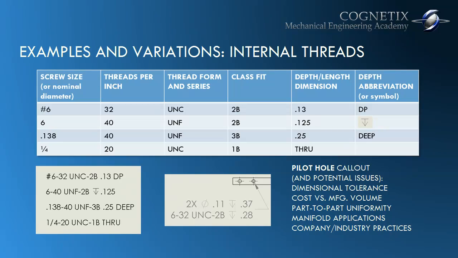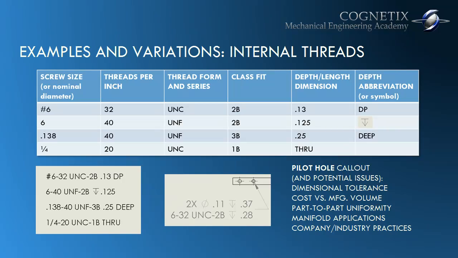The other thing is potential error here that should really not happen, but 0.138 in this case has 3 decimal places. That does not mean that the machinists or the fabricators are going to go to looking at the tolerance block and the title block and see that 3 decimal places corresponds to, for example, plus minus 5 thousandths of an inch.